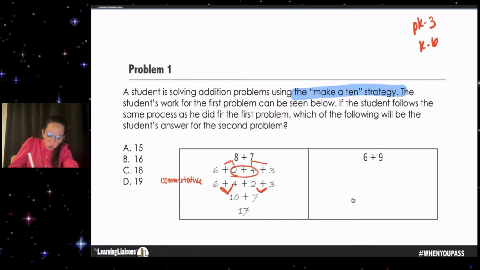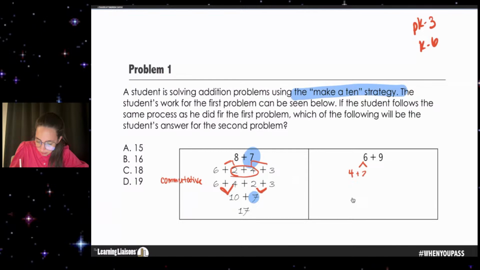They just pulled the add-in from up here to down here after they made the 10 and then got 17. So if they use the same process for this next one, 6 is the same thing as 4 plus 2.